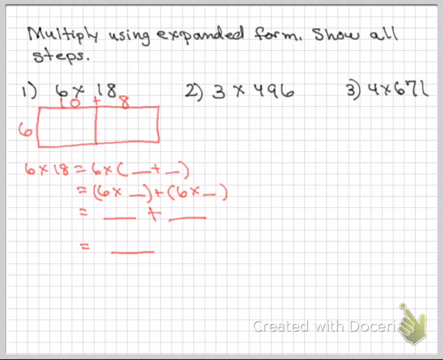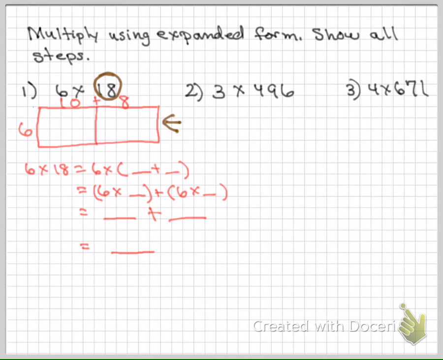Okay, now it's time for you to solve these 3 problems. I started you off just a little bit with some hints here. Here's what the box looks like. And I did expanded form for 18, 10 plus 8.